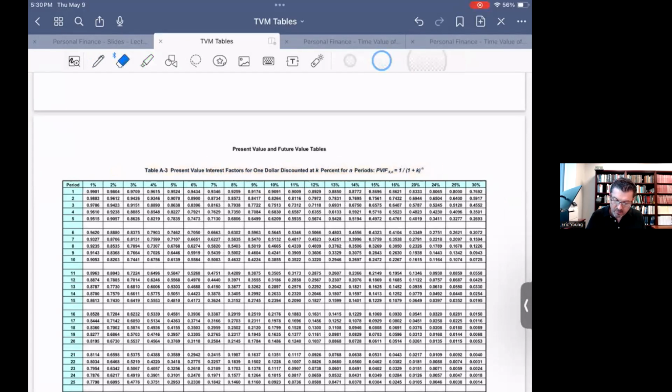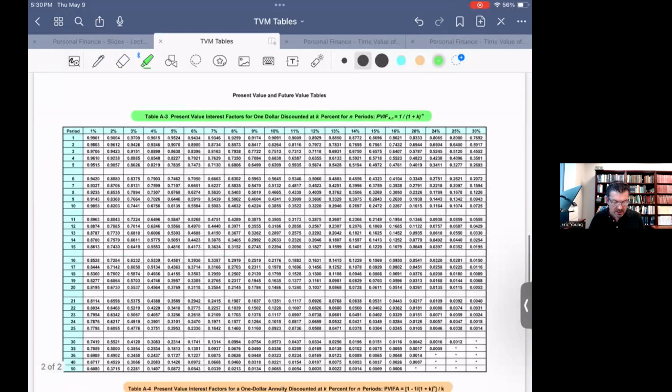So we're going to do it at A3, which is the present value interest factor for $1. We know we're looking at 18 years. So let's do our first line here at 18. And we know we're doing 6%.